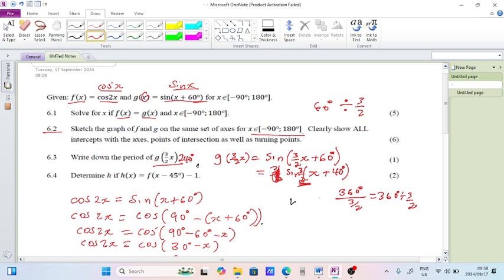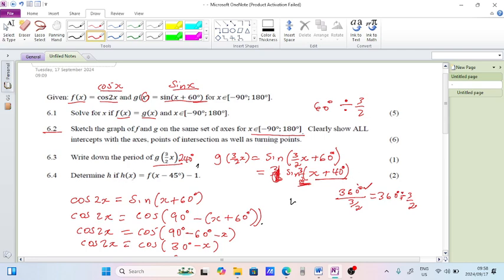The angle here is x plus 40 degrees, and the coefficient of this angle is 3/2. So for the period of the graph, you take the original period, which is 360 degrees, divided by the coefficient of the angle. That's why we divided by 3/2. And that will be the period of this graph.